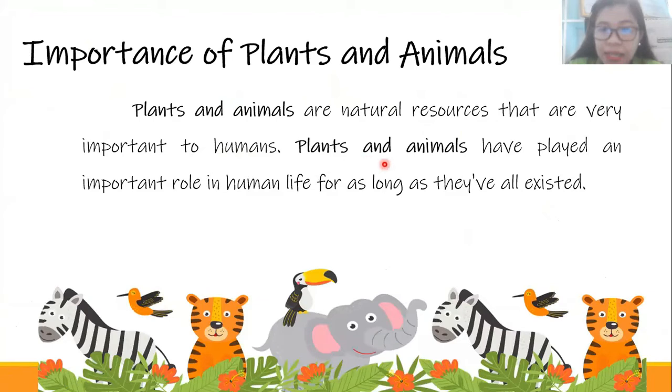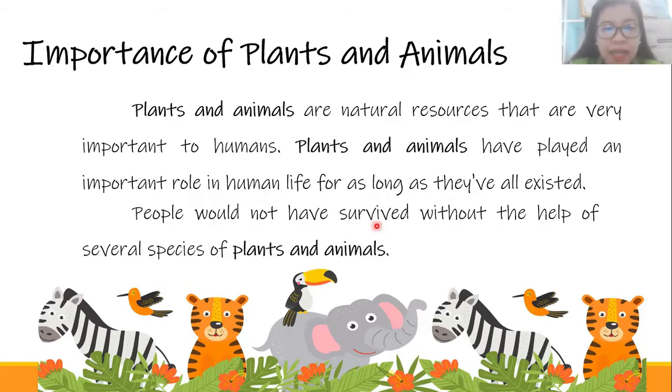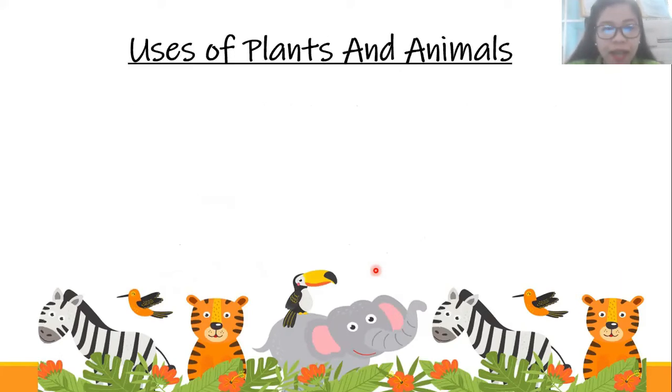They have played an important role in human life for as long as they've existed. People would not have survived without the help of several species of plants and animals. So always remember, they are our natural resources, plants and animals.